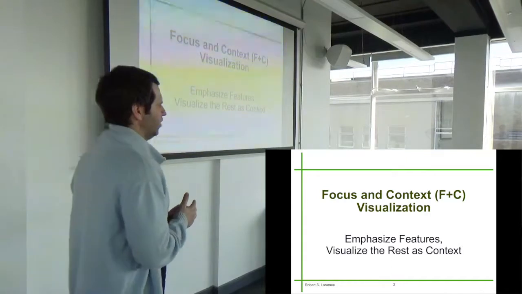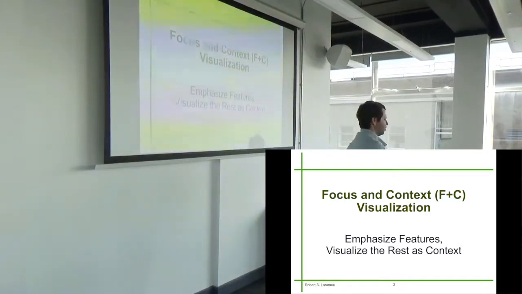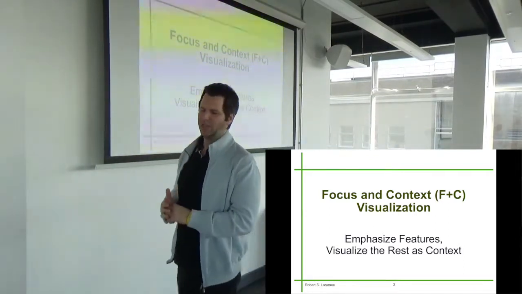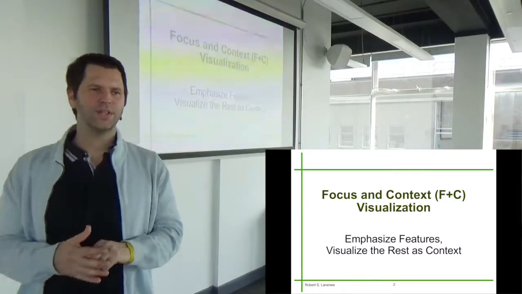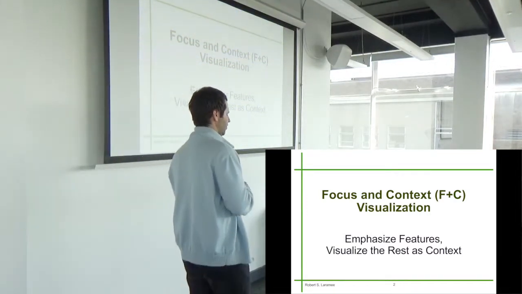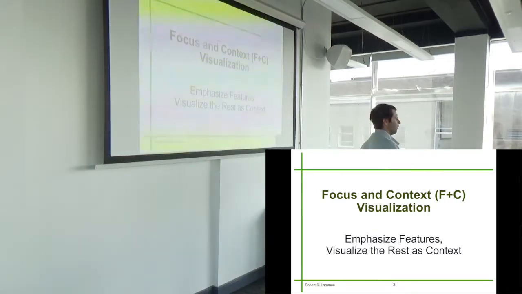I don't know if you guys can remember, but when we first started the topic of information visualization, there were some challenges that we identified. One of the questions was, is some data more important than other data?